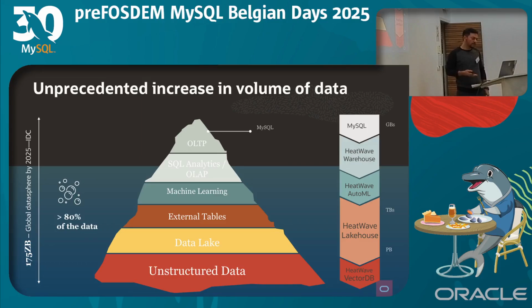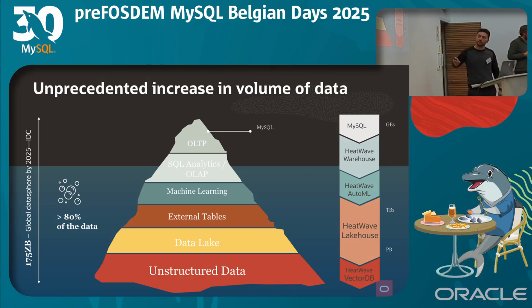Okay, so what's special about today's talk? If you look at the data volume, there is an unprecedented increase in data volume today, right? There is around 175 zettabytes of data generated supposedly this year.